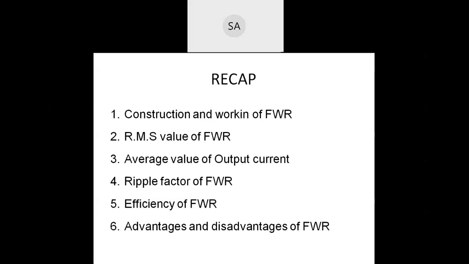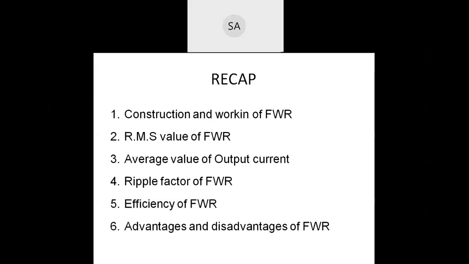The ripple factor of the full wave rectifier is 0.48. The rectifier efficiency of the center tapped full wave rectifier is defined as the output power to the input power, that is, the ratio of output DC power to input AC power.